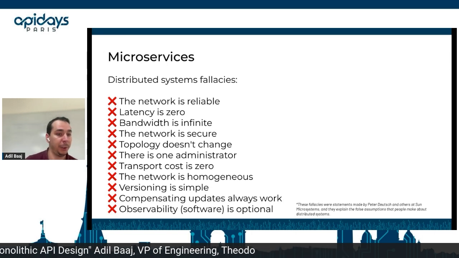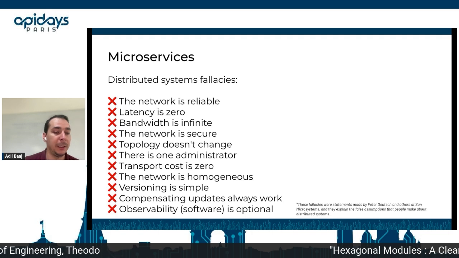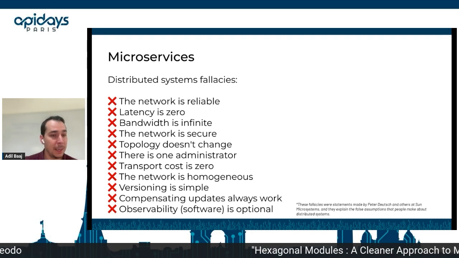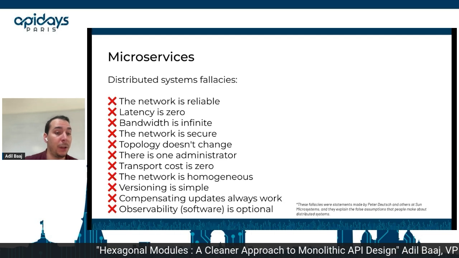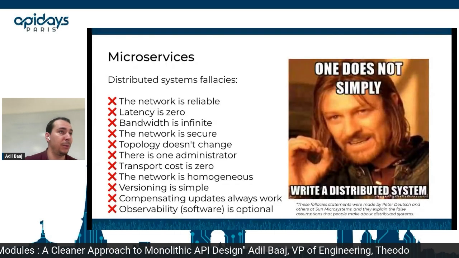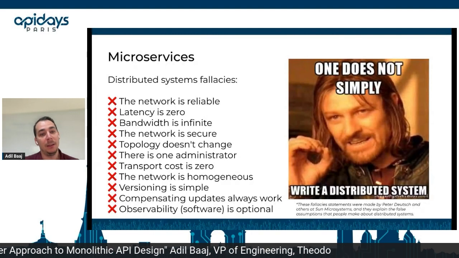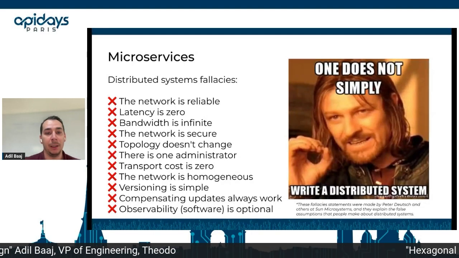Like the network is reliable or it's secure, the bandwidth is infinite, there will be no latency, etc. And if not handled properly, this can lead to a lot of challenges. It can lead to performance issues, security issues, and data inconsistency. And that actually makes it really hard to set up a microservice architecture right.